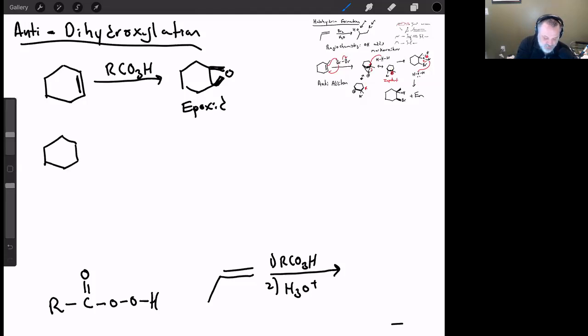Now, this is a mechanism that you don't have to know, but it is helpful to understand some of the different properties of this. Ultimately, this is going to be anti-dihydroxylation, and so I'm going to have an OH here, an OH here, and they're going to add on opposite sides of each other. So I'm going to show this in the ring, and in the ring, when we do acid, we end up with a trans diol.